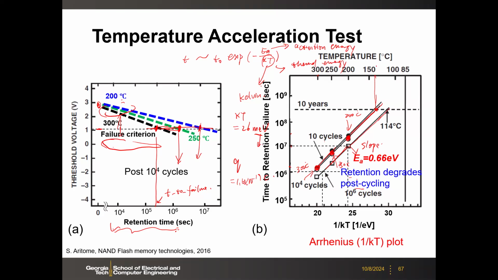If initially you can be safe for 140 degrees C, now you are only going to be safe for 115 or 114 C. So this is a standard method to evaluate the retention. This also applies to other non-volatile memories. You will have homework or exam on this for sure.